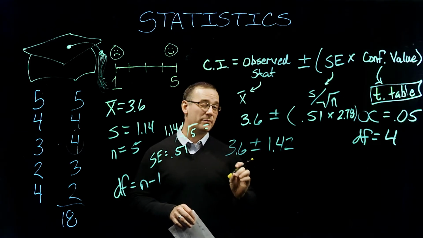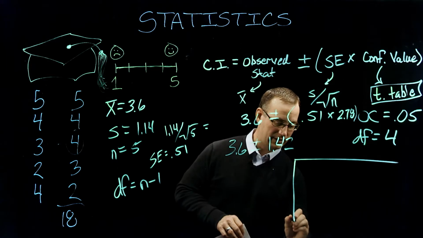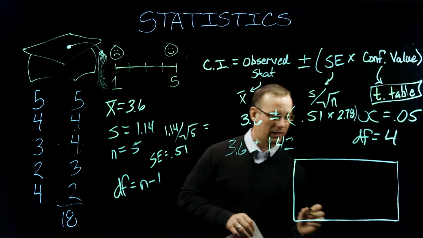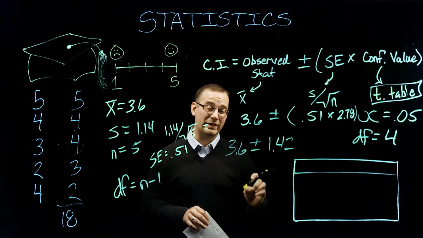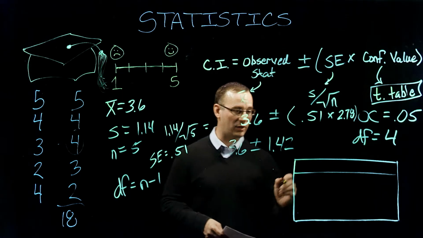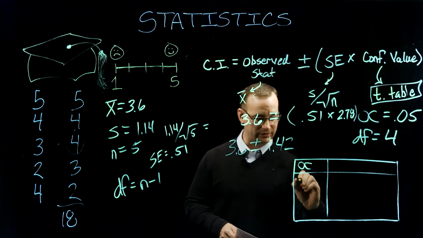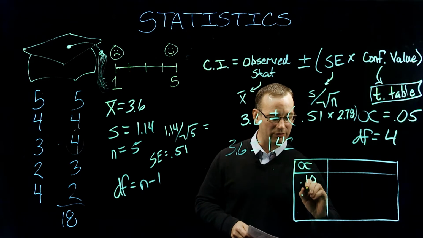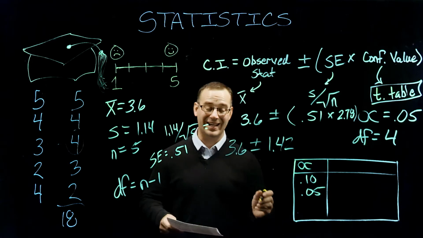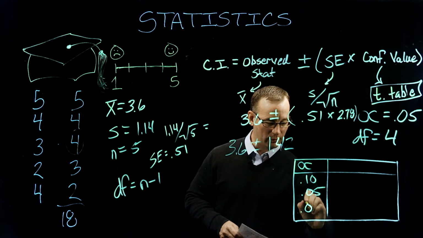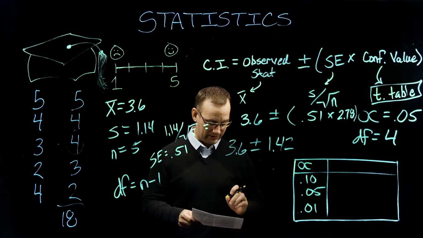Now, before we finish up, let's look at what happens if we calculate our confidence interval at 90%, 95%, and 99%. I went ahead and calculated these at the various alpha levels: an alpha value of 0.1 would be 90%, 0.05 is 95%, and 0.01 would be 99% confidence.